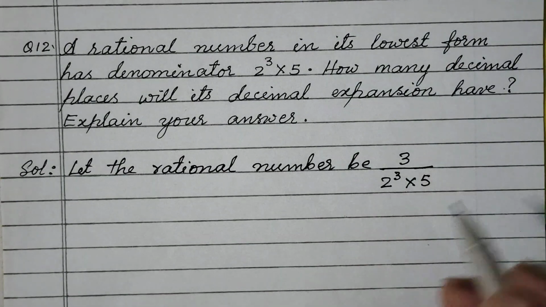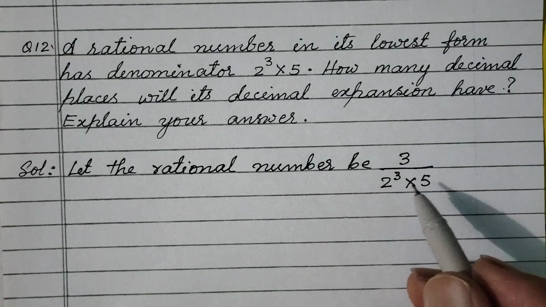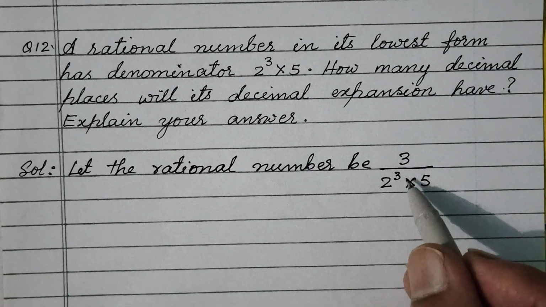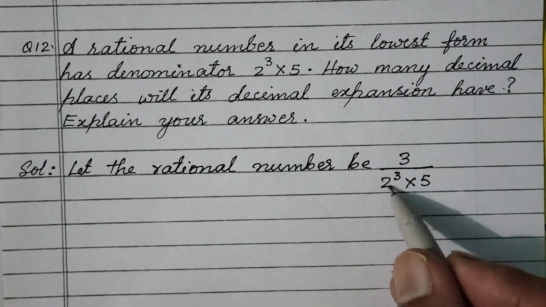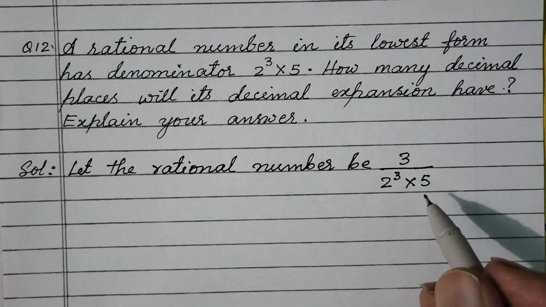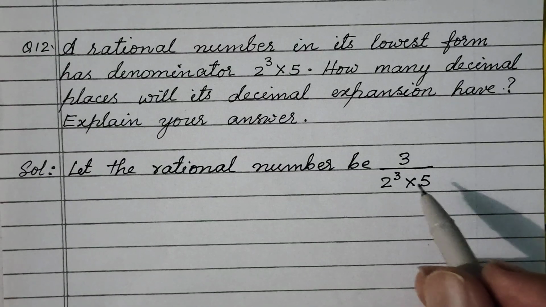You can see this is a rational number in its simplest form because we can't cut anything, and the denominator is 2 cube into 5. Okay, now we will see how many decimal places are in this.